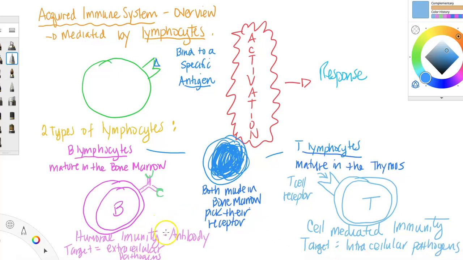So humoral immunity, which is antibody immunity, uses B cells looking for extracellular pathogens. T cells, cell-mediated, deal with intracellular pathogens. Okay, so next we'll look at how these cells become mature and how they figure out what they're going to be looking for.